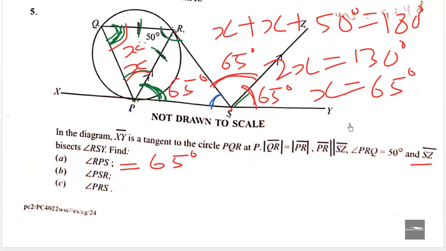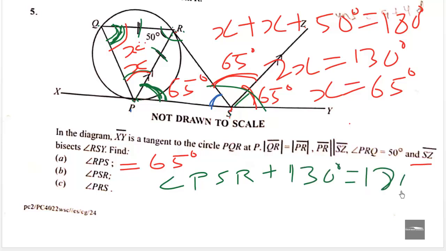The whole of angle RSY is bisected, so they are 65 degrees each. So using the sum of angles on a straight line, we will obtain angle PSR plus 65 plus 65, which is 130, is equal to 180 degrees. And that will give us angle PSR to be equal to 180 minus 130, which is 50 degrees.